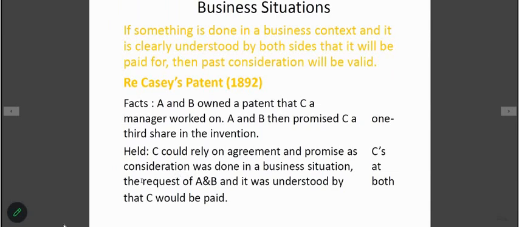At the request of A and B, it was understood by both parties that C will be paid. As long as there is a verbal agreement, under contract law, a verbal agreement is also considered an agreement.